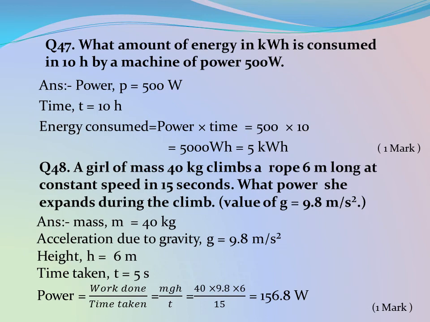Mass m equals 40 kg, g equals 9.8 meter per second squared, height h equals 6 meter, time taken t equals 15 seconds. Power equals work done by time taken equals mgh by t equals 40 into 9.8 into 6 by 15 equals 156.8 watt.